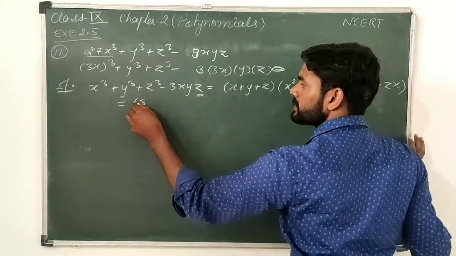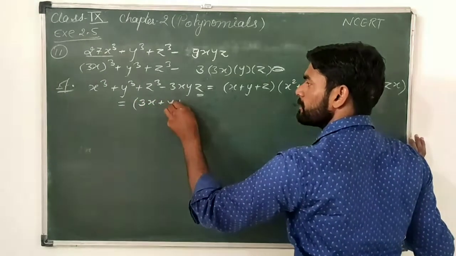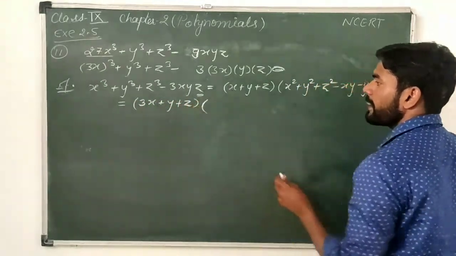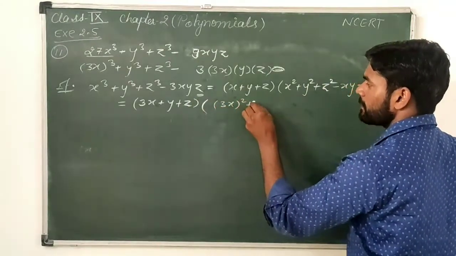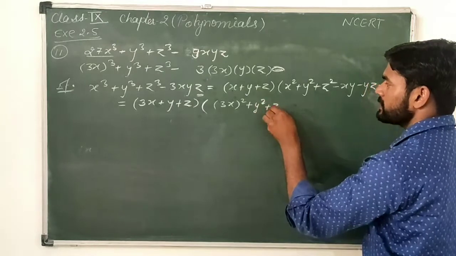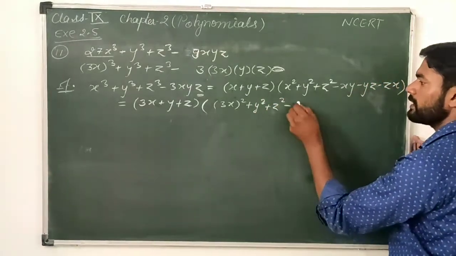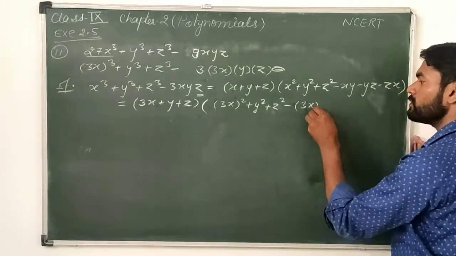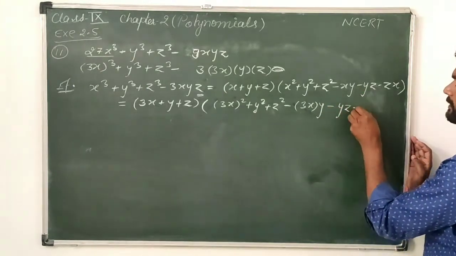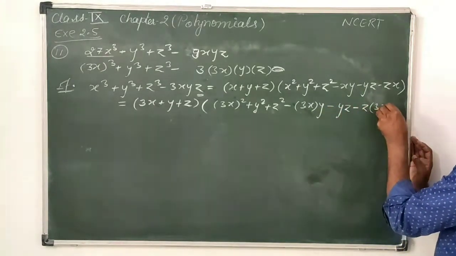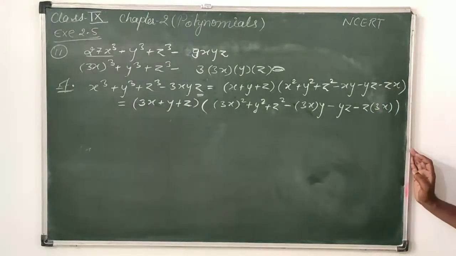So x is 3x: (3x plus y plus z), and x square means (3x) square plus y square plus z square minus xy, which is 3x into y, minus yz, y into z, minus zx, which is 3x into z.